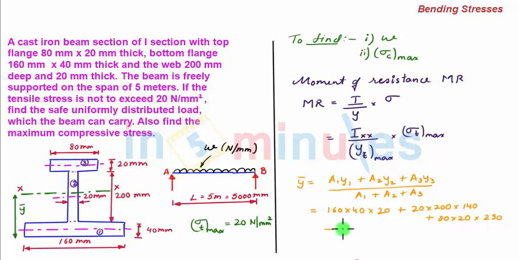This whole divided by a1 plus a2 plus a3. Upon solving, we get the value of y bar as 90.67 mm from the bottommost section.